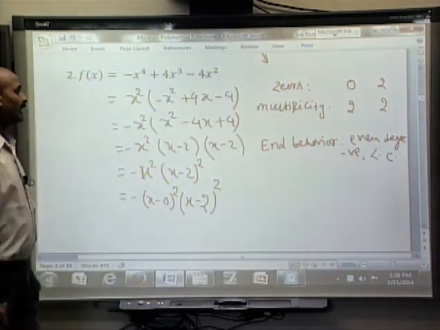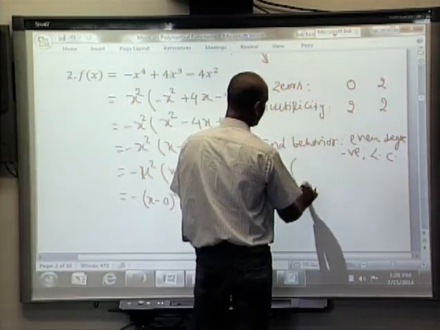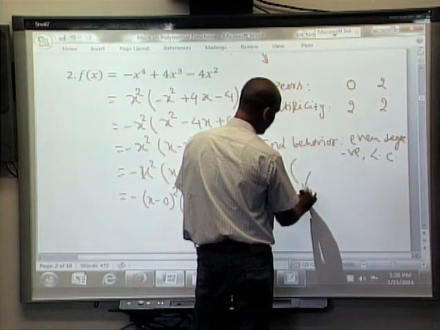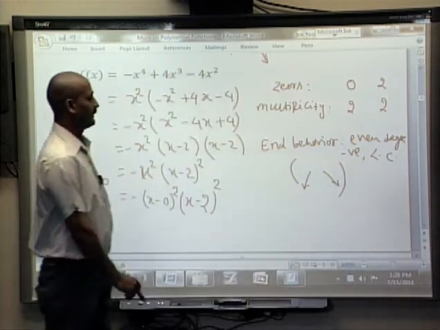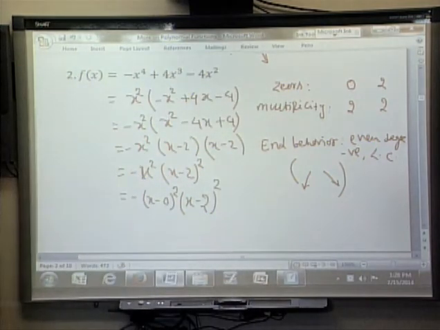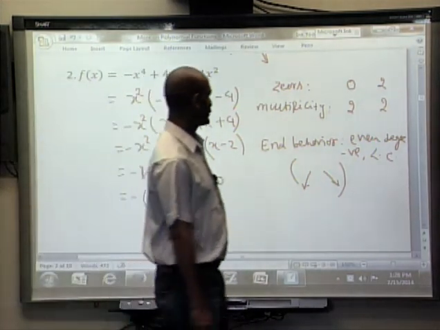Even degree with negative leading coefficient indicates it will come from negative infinity and go to negative infinity.